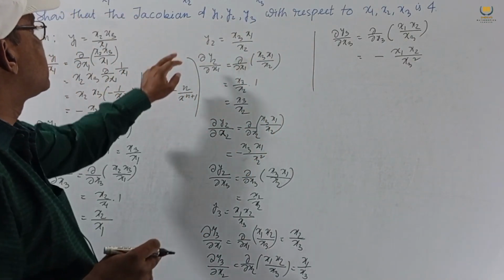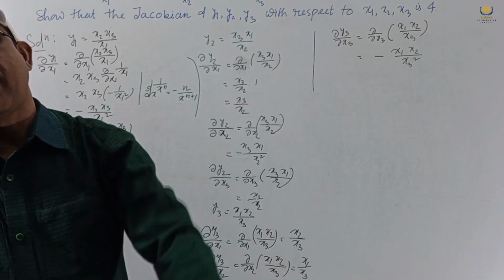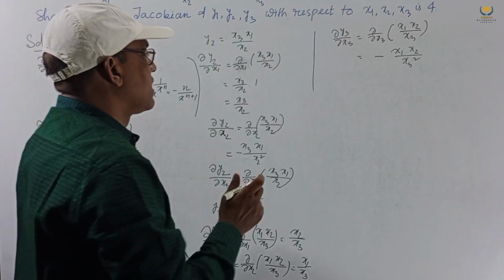Now our requirement is the Jacobian of y1, y2, y3 with respect to x1, x2, x3.